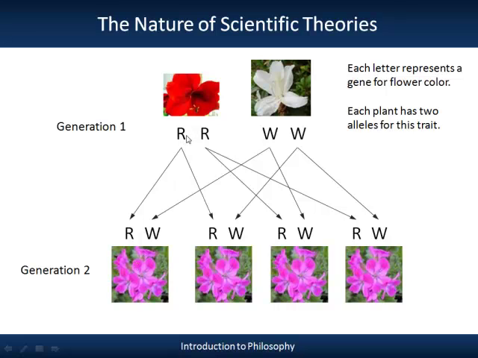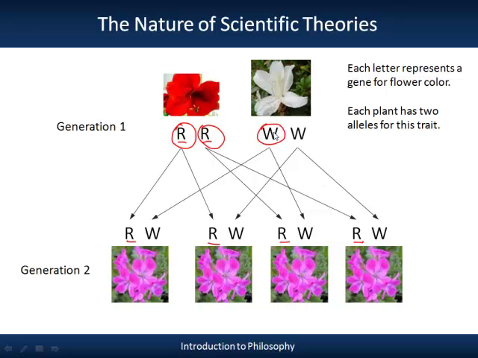So each parent passes on a copy of its gene. Some of the offspring will get from this parent this gene, so that's the one here and here, and then the other offspring will get a copy of this gene here. Of course, both are the same, so it ends up having the same effect. And then likewise for this plant here.